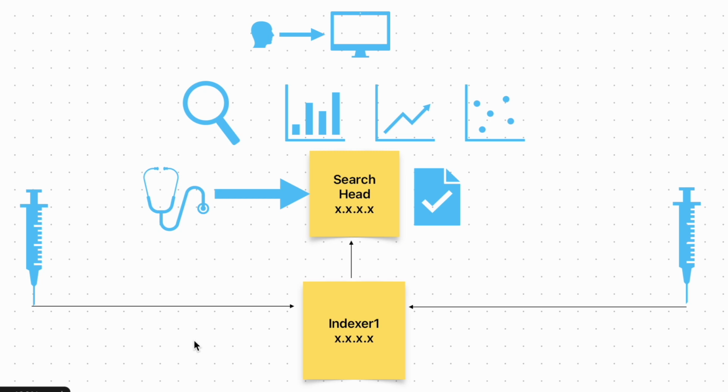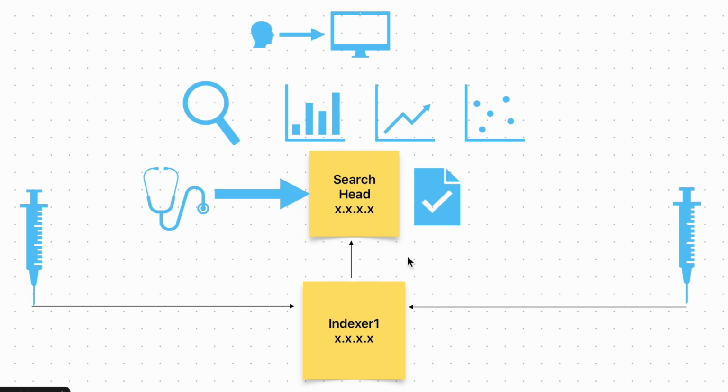This particular video is about the distributed environment, where we have split the roles of search head and indexer into separate instances. In the previous explanation, the search head was carrying the roles of all the components of Splunk. Now we have split the search head and indexer roles onto separate servers.